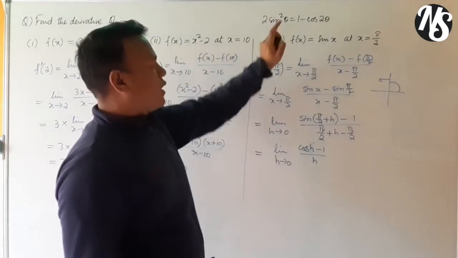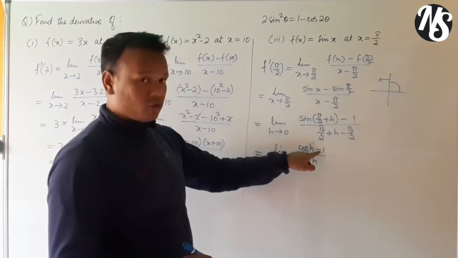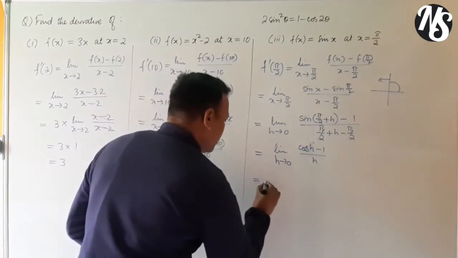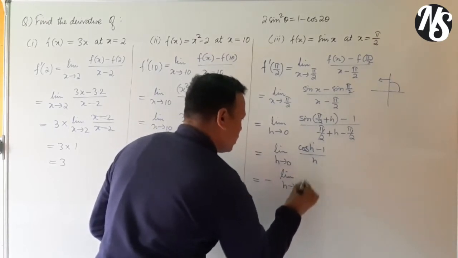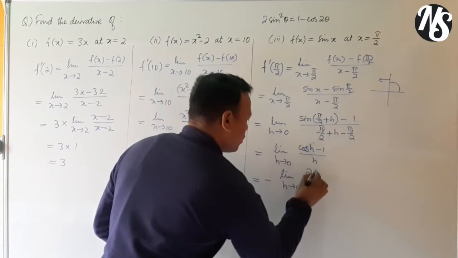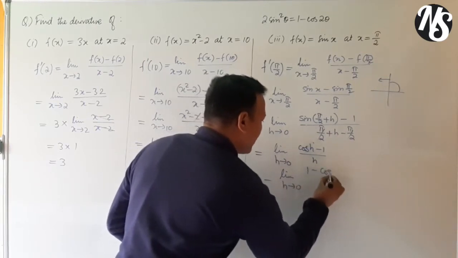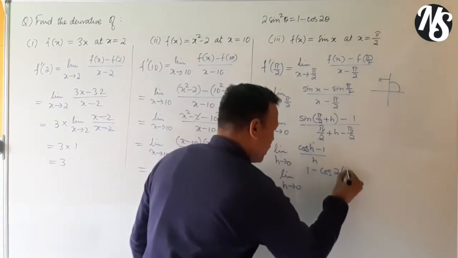So this formula has to be used here. For that I have to take minus common. So if I take minus common, then this becomes limit h tends to 0, 1 minus cos h, right? So can I write this h as 2 into h by 2?